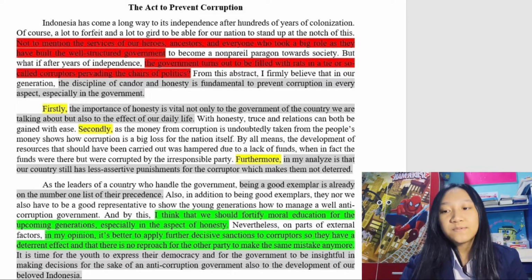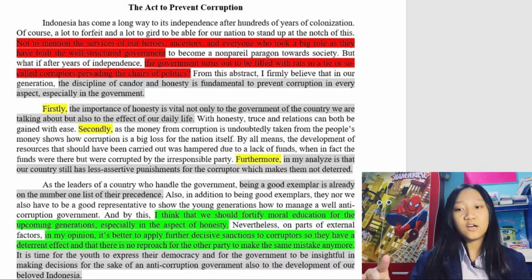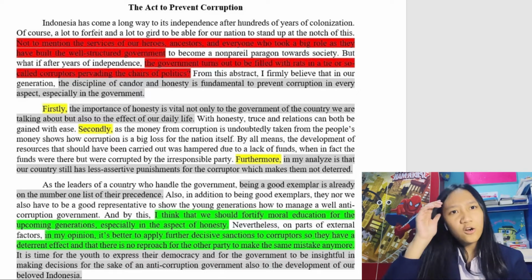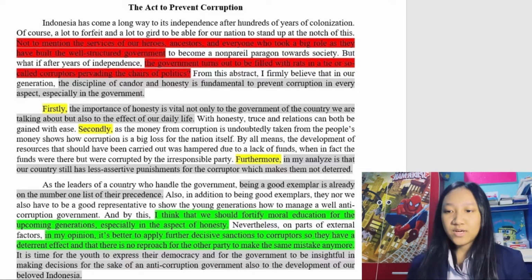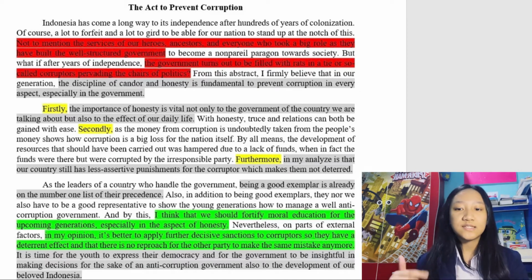The next paragraph, the second paragraph, is arguments, of course. Why? Because inside the paragraphs, I put all of my argumentations here, using the linking between opinion or argumentations, which we can see in the yellow color is firstly, secondly, furthermore, and I put reasons of my argumentations here after the declaration.